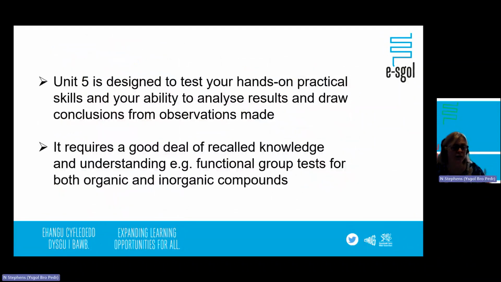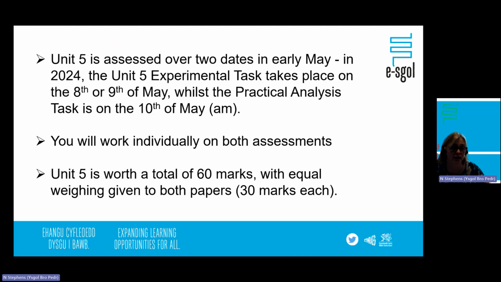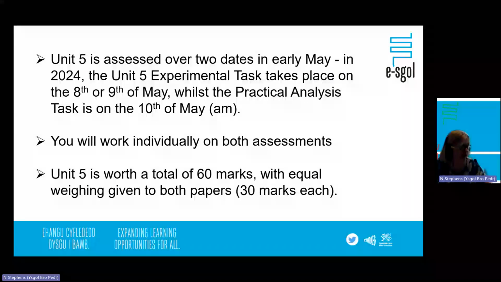So Unit 5, the whole purpose of the session, is designed to ultimately test your hands-on practical skills, and whether or not you are able to analyse results and draw sensible conclusions based on the observations that you make during those experiments. Now, despite being a practical exam, it unfortunately does require a great deal of recalled knowledge, and I'm sorry to say that.